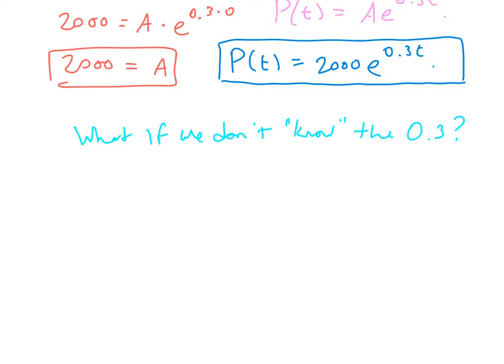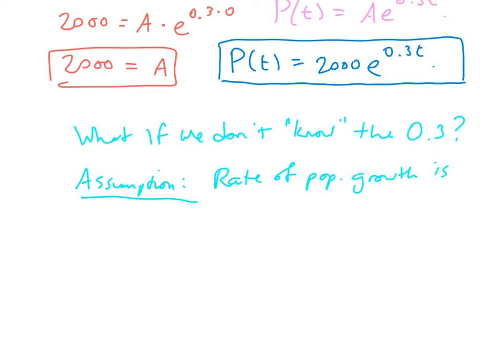So what if we just instead start with the assumption that unless there are some external conditions like predators or an environment's carrying capacity, in the absence of all of those factors, we can assume, at least I think we can, I'm not a population dynamics expert by any means, but let's assume anyway, that the rate of population growth is proportional to population size at any given time.